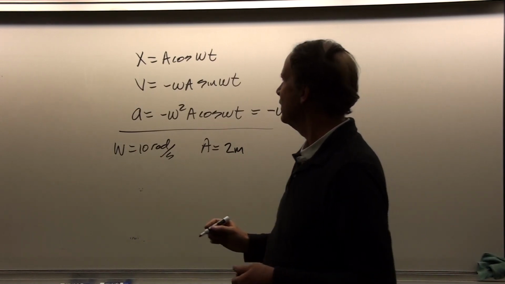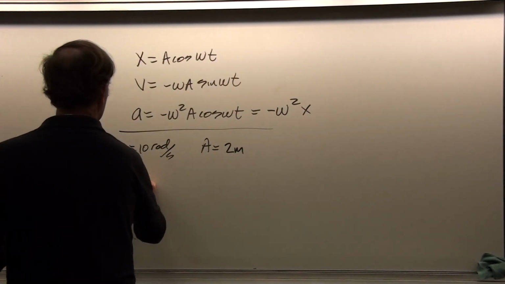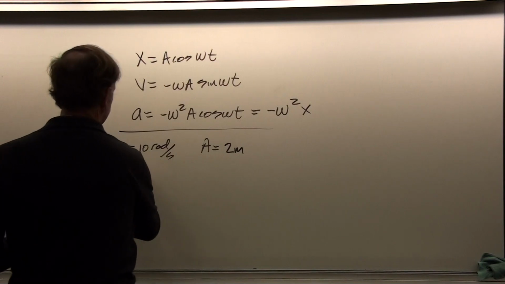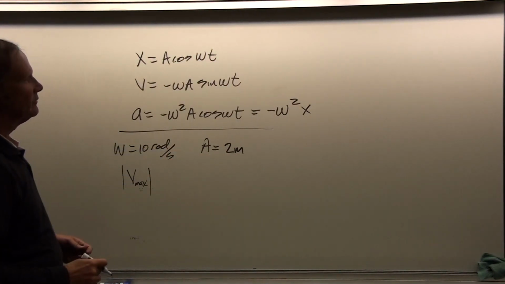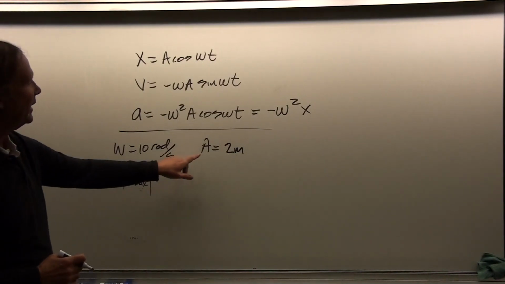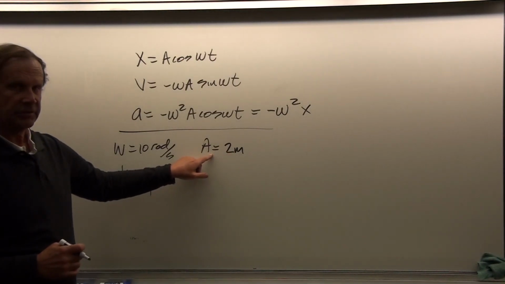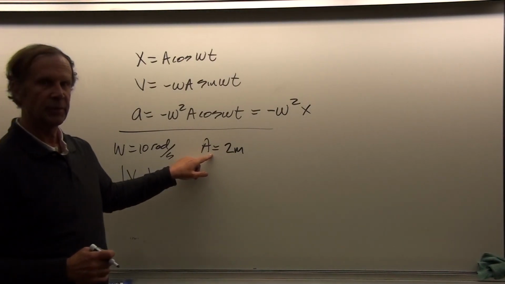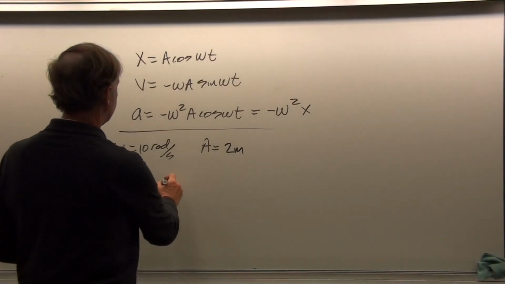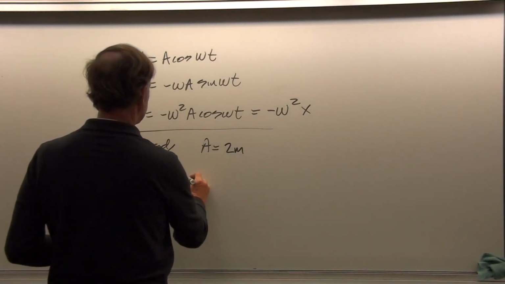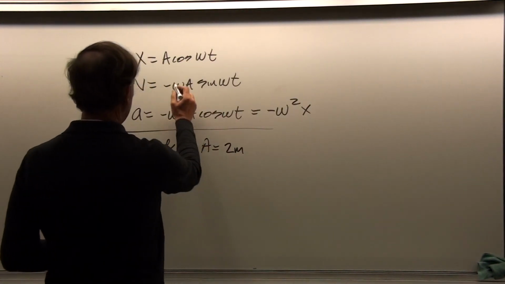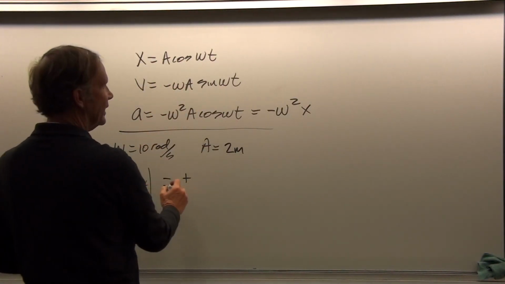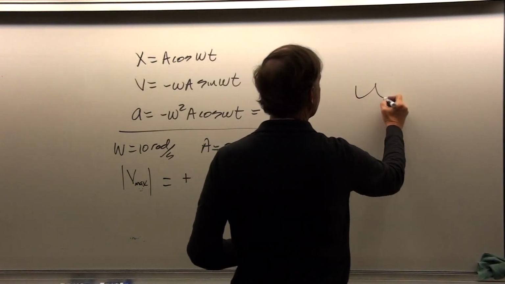Before I do that, though, let's look at what Vmax would be for this particular problem, where omega is 10 radians per second from the last example, and our maximum amplitude of vibration, let's say for this problem, is 2 meters. Well, Vmax then would be plus or minus omega A. Okay, and so here I'm taking the magnitude of Vmax because it would be minus on its way in.